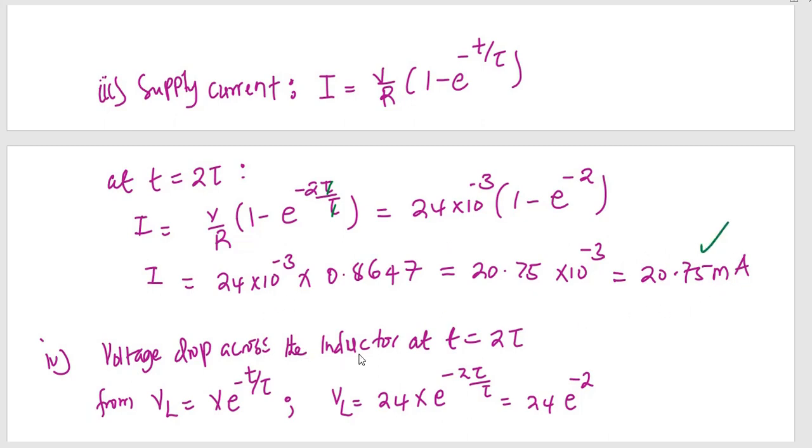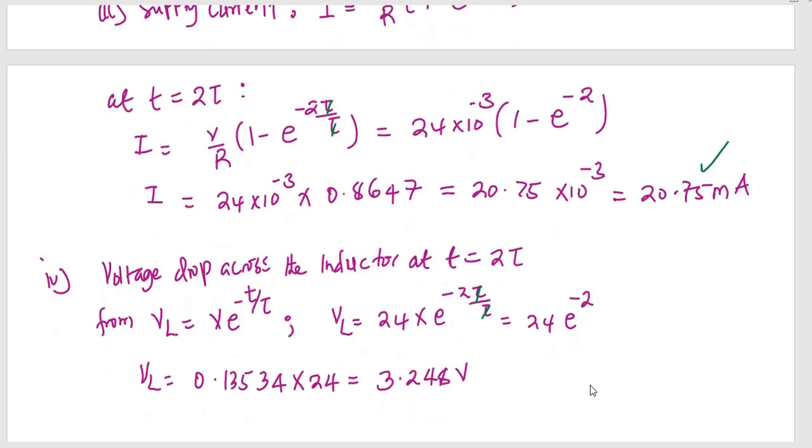What about the voltage drop across the inductor at t equal to 2 times the time constant? We know that the voltage drop across the inductor is VL equal to V e to the power negative t over tau. When we substitute in t, which is twice tau, we remain with 24 e to the power negative 2.